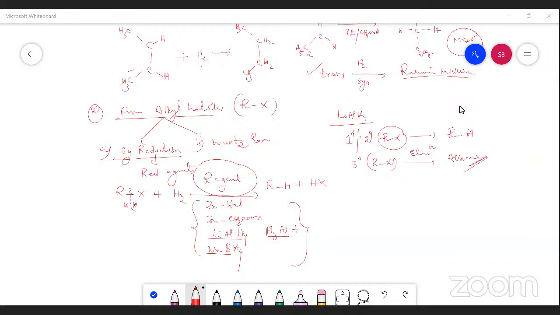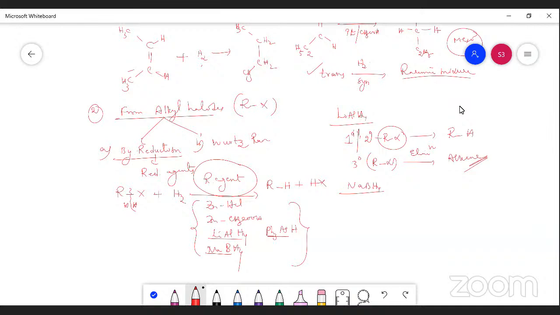So by using lithium aluminum hydride, primary and secondary alkyl halides can easily give alkanes, but tertiary alkyl halides give alkenes instead of alkanes. Next, sodium borohydride: secondary or tertiary alkyl halides can give alkanes, but primary alkyl halides do not give alkanes.